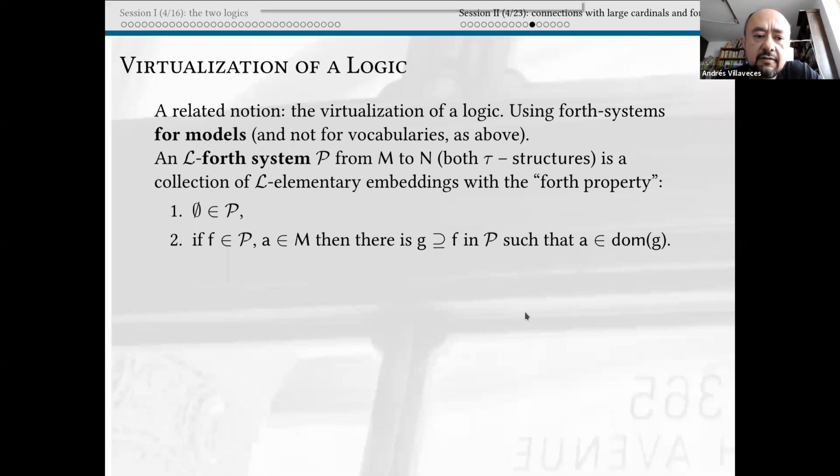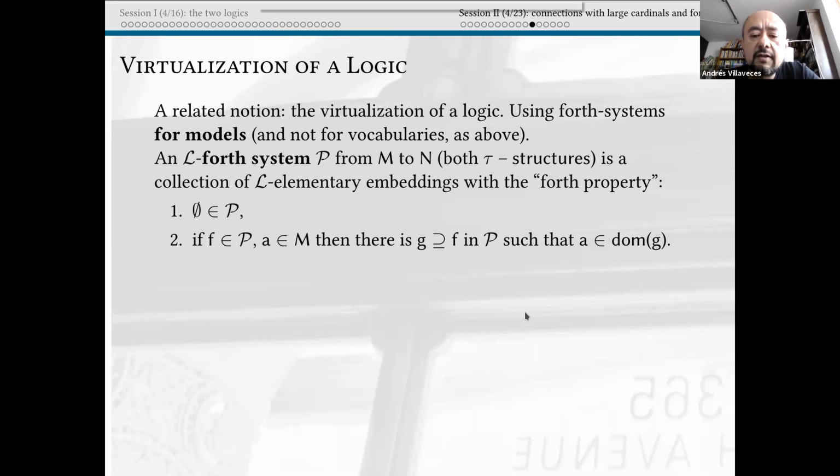The usual fourth systems would be for first order, or you can take the atomic fragment of first order or something like that. But now you allow yourselves to change the logic and to use any logic you want.